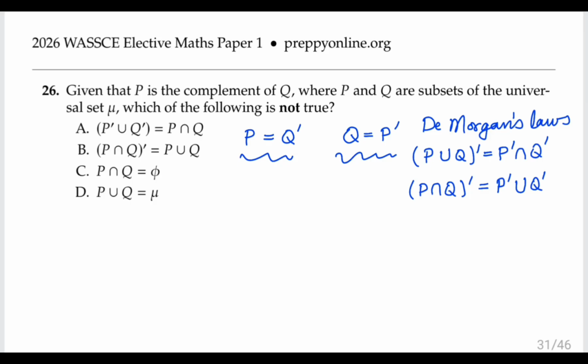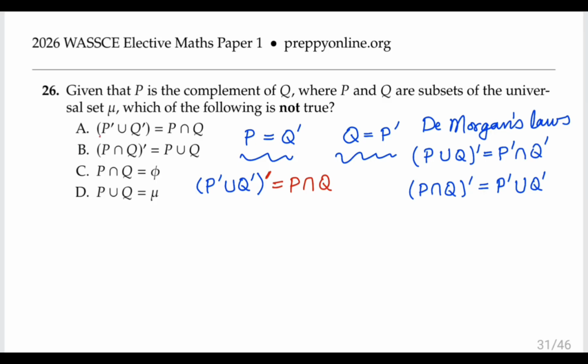What it means is that something like A, right? Here A is given as P complement union Q complement. Now, remember, we don't have a complement outside here. But if we did, then this would be equal to P intersect Q. So this is a rather interesting statement we're given.